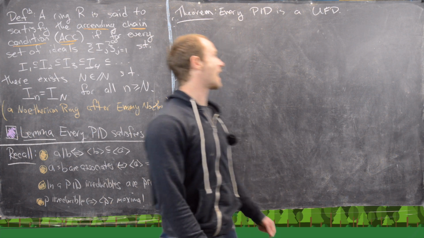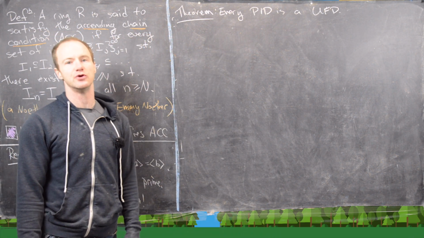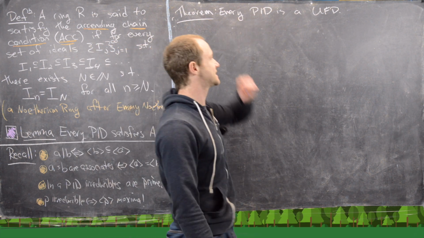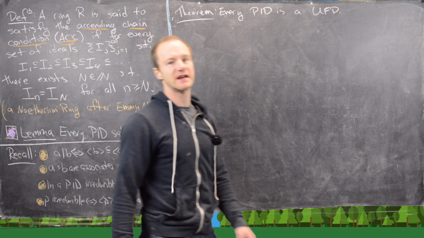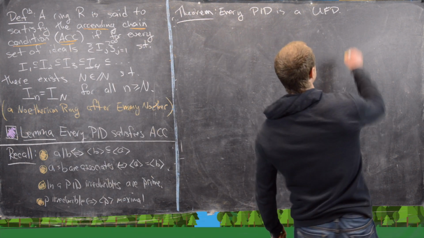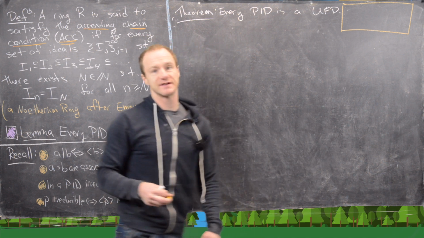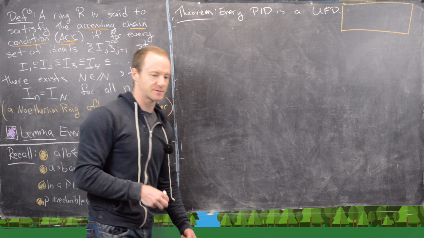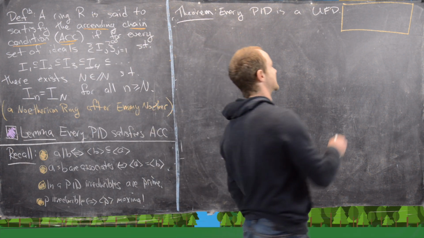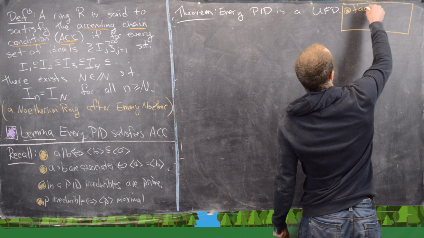Now we're ready to prove our main result for this video. In other words, that every PID is a UFD. In other words, every principal ideal domain is a unique factorization domain. And there are actually two things to prove in order to do this. We need factorization into irreducibles in the first place, and then we need uniqueness of that factorization. So let's go ahead and write that down.